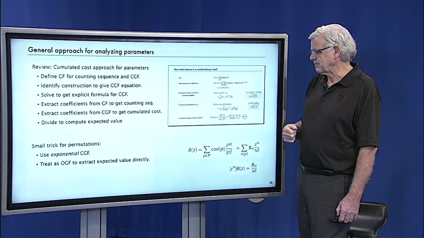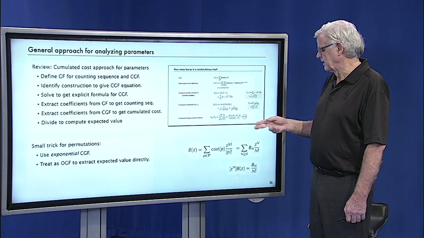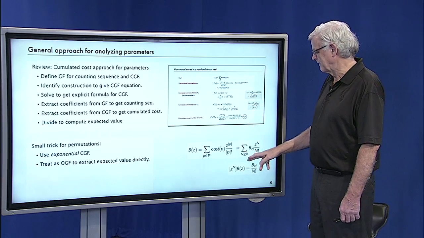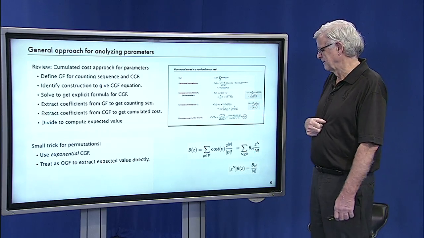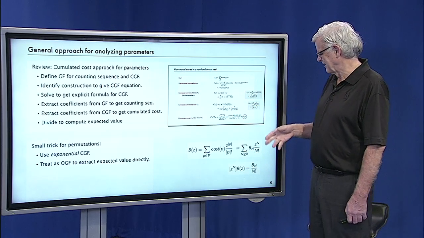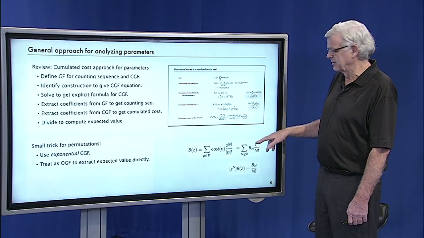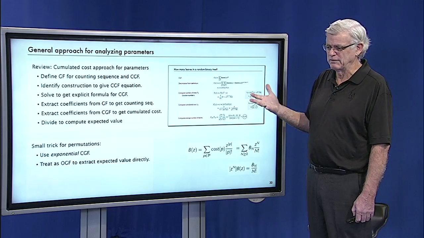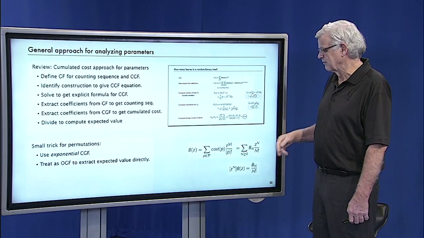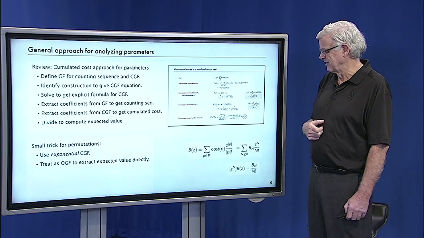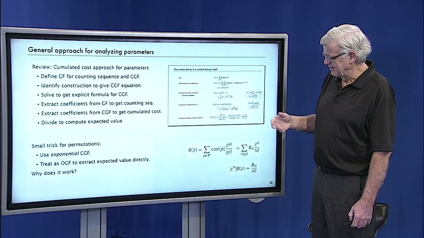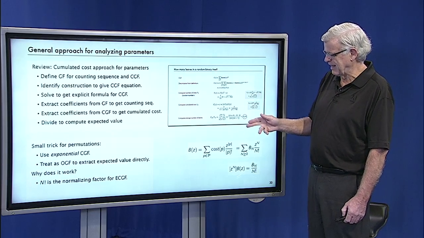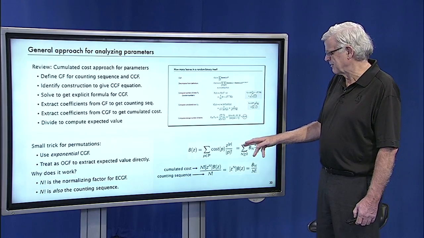Now, what we'll do is treat that as an OGF to get the expected value out directly. B sub n is the total cumulated cost. That's the total cost for all permutations of size n. B sub n over n factorial is the average. This works because n factorial is both the normalizing factor and the counting sequence.